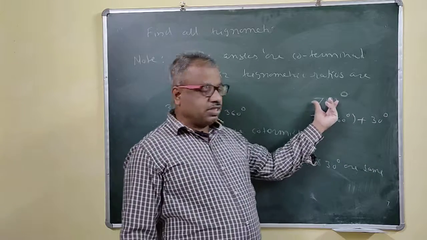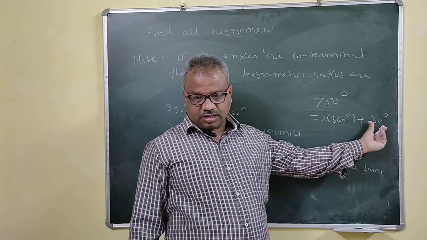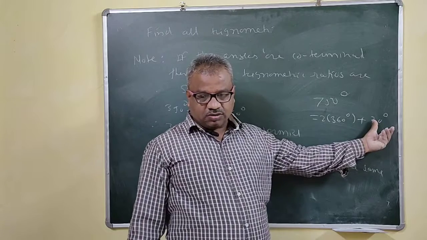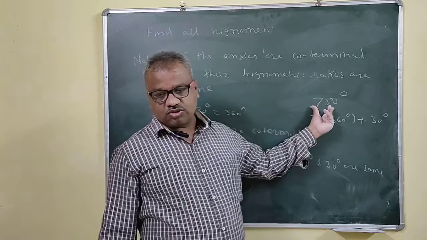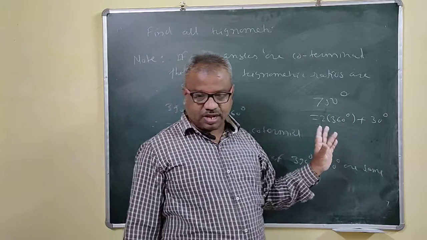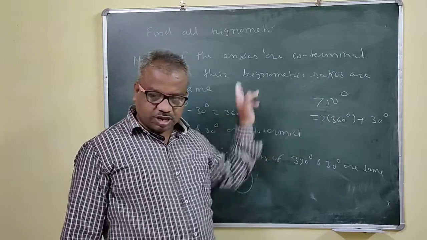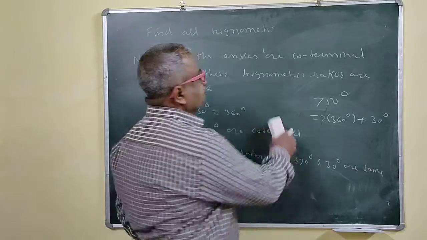So just find the trigonometric ratios of angle 30 degree, which you are familiar with. Therefore, the trigonometric ratios of angle 750 degree are these. You have to take 2 rotations and then 30 degree.